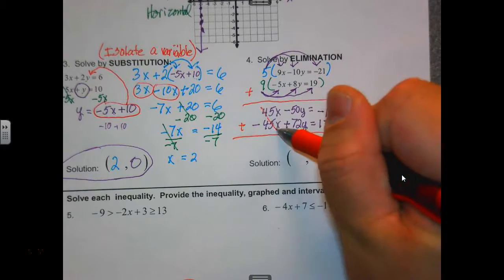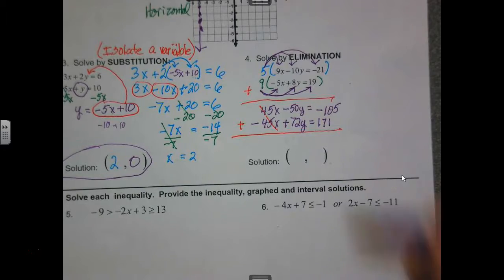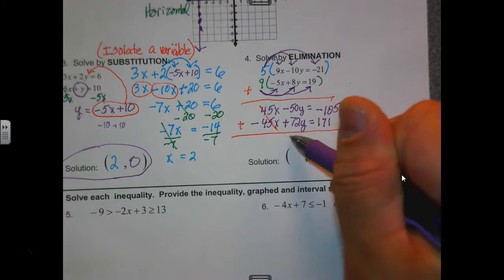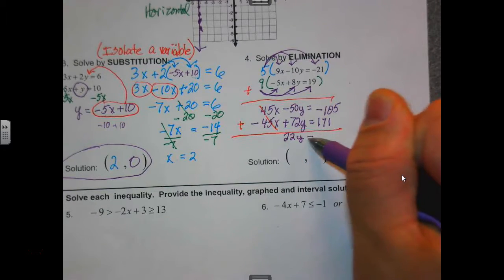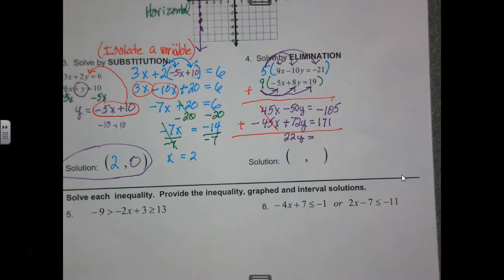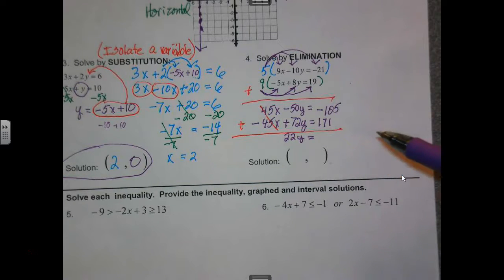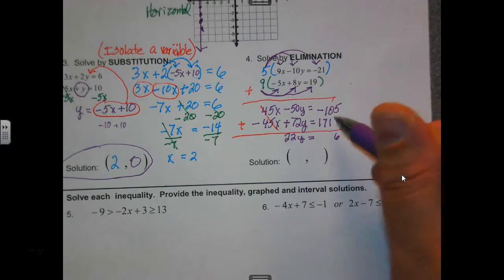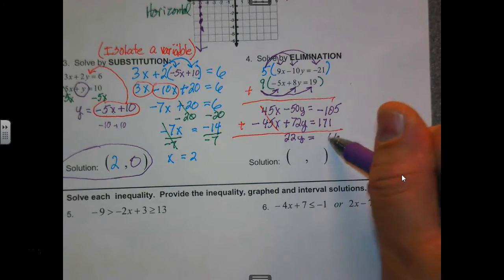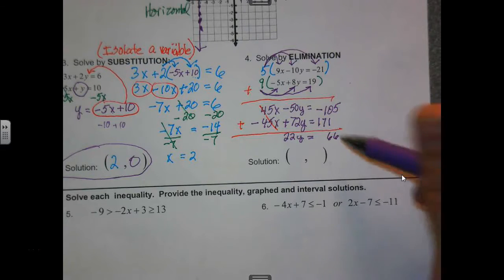These are going to eliminate, 0. Negative 50y plus 72y is going to give me a positive 22y. Uh-oh. Negative 105 plus 171. Let's see, be 66. Did I get it right? I think so.